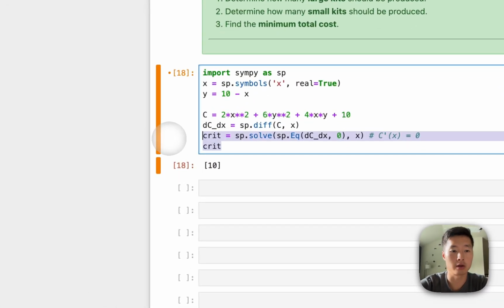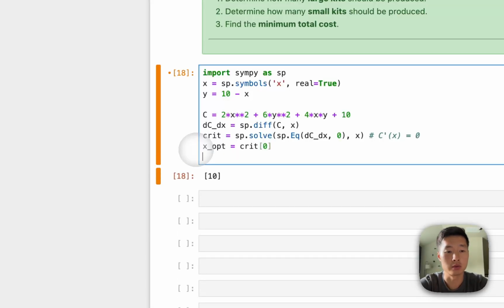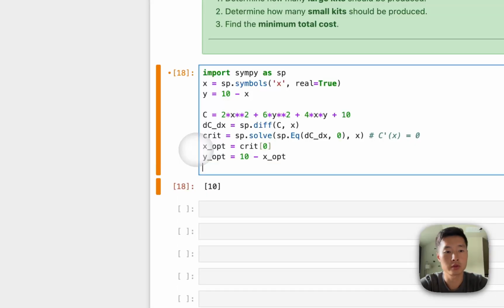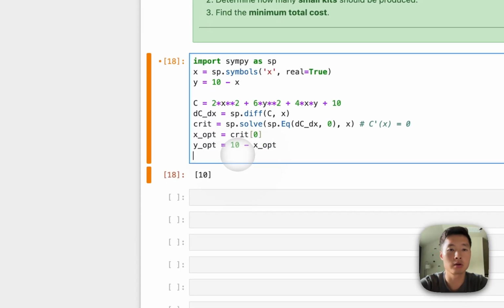Then we can write here, we're finding the first instance of what's in that list, which is x, crit[0]. Since we know what x_opt is, 10 minus 10 is going to be 0.